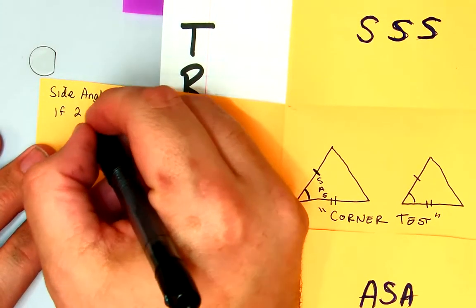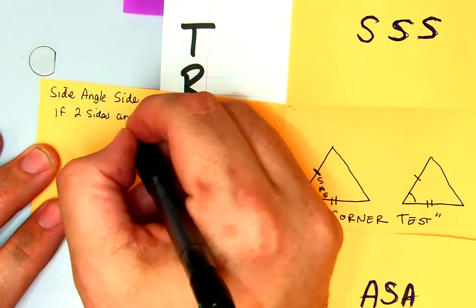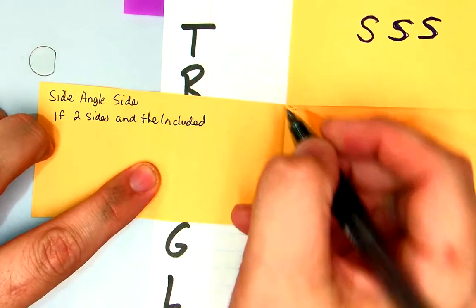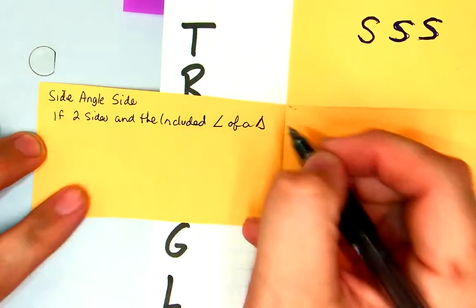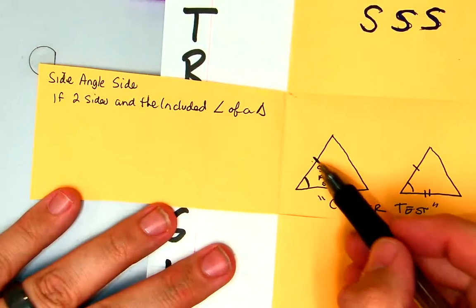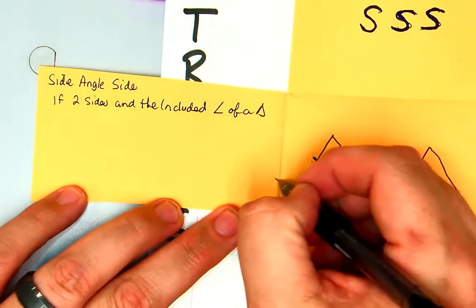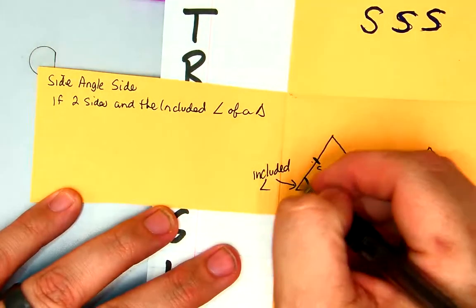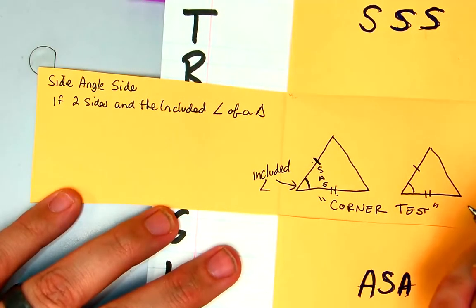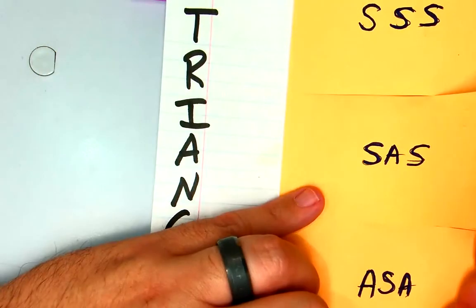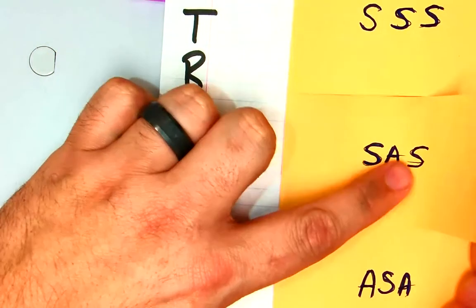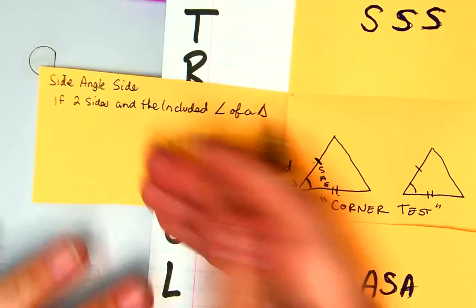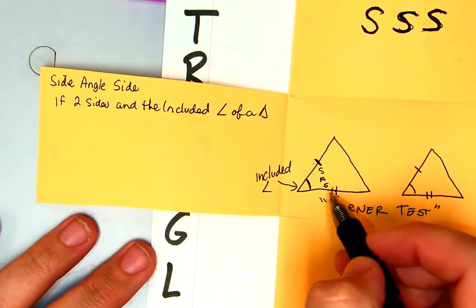If two sides and the included angle of a triangle, that's two sides, and this is right here the included angle, because it's included between the two sides. That angle, and the name of it, side, angle, side, the angle is in between two sides. So those two sides have to be right next to each other, but there's an angle stuffed in between. So there's side, there's angle, there's side.